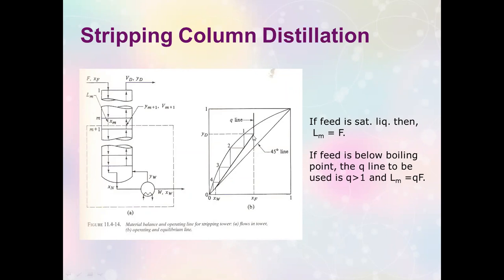Even if there is reflux liquid returned into the column, remember this: the mole fraction of the vapor that leaves the top plate, which in this case is yD, the mole fraction of the reflux liquid, and the mole fraction of the distillate, if it's normal distillation, are all equal.